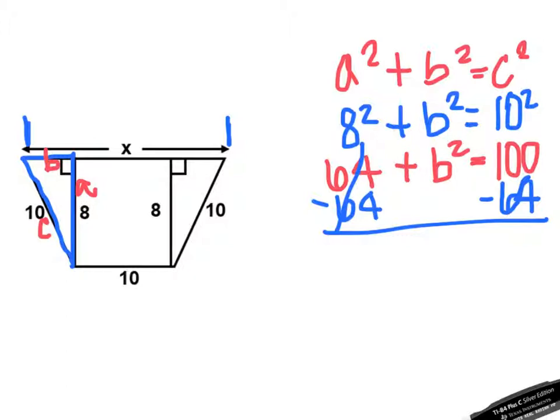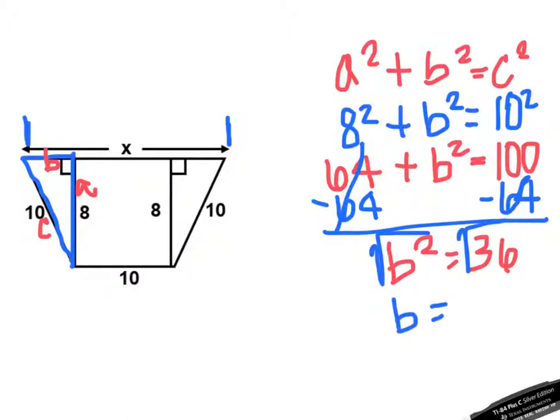So that would leave us with b squared is equal to 36. Remember, to get rid of the square, we take the square root. So b is equal to 6, which is the square root of 36. So this measure right here is 6.